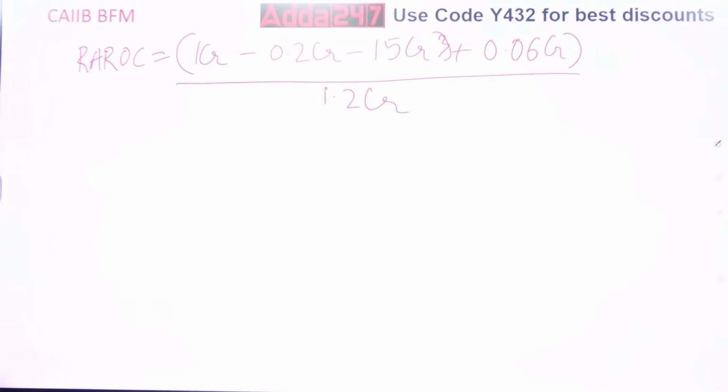Let me check if there is some problem over here. 1 CR minus 15 CR is what? Expected loss. 1 second. What have we done? 60 lakhs and 60 lakhs. Some error.